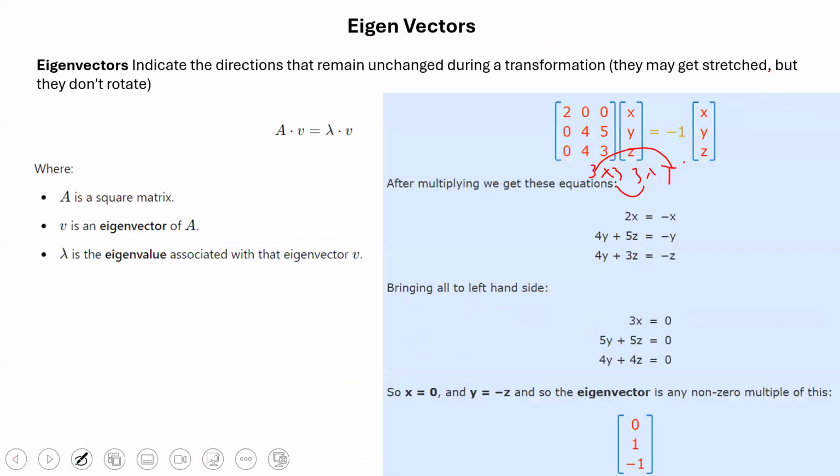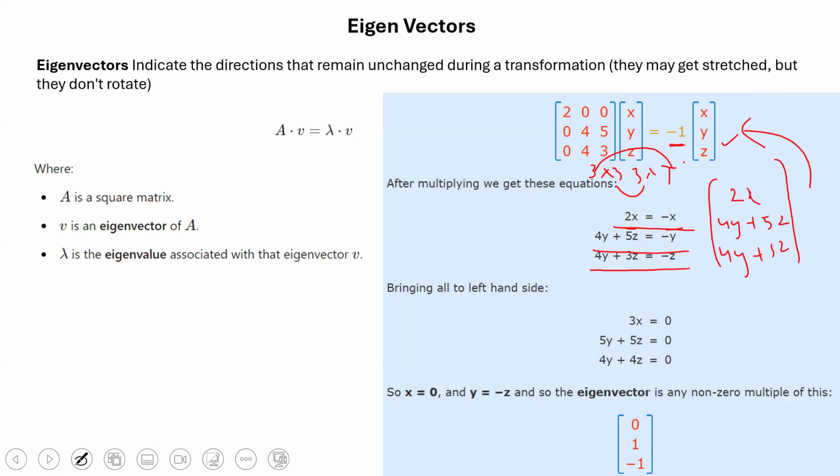Now I'm calculating with minus 1. So lambda is equal to minus 1 and this is the eigenvector. If you multiply it, the equations become: 2x equal to minus x, 4y plus 5z equal to minus y, and 4y plus 3z equal to minus z.